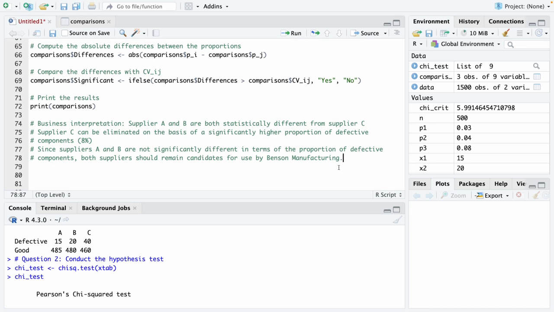So since they don't have that very high proportion of defective components, Benson Manufacturing can still consider them as good candidates to supply these electrical components that they are looking for, right?